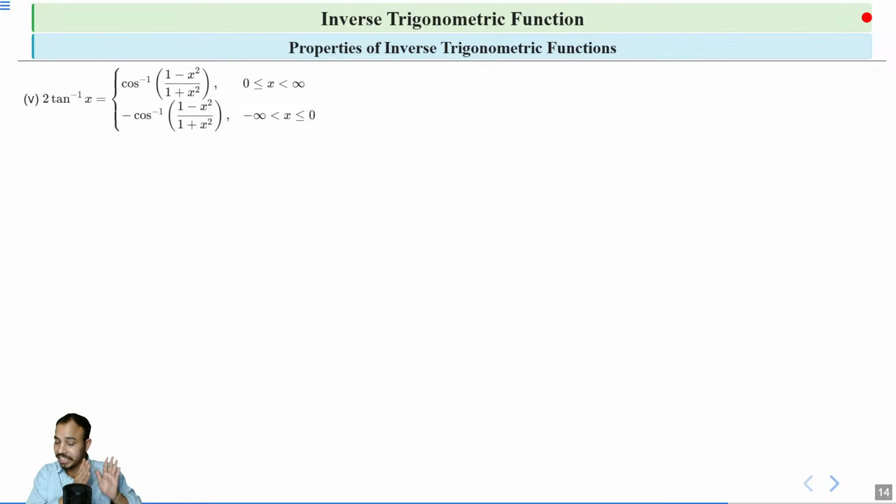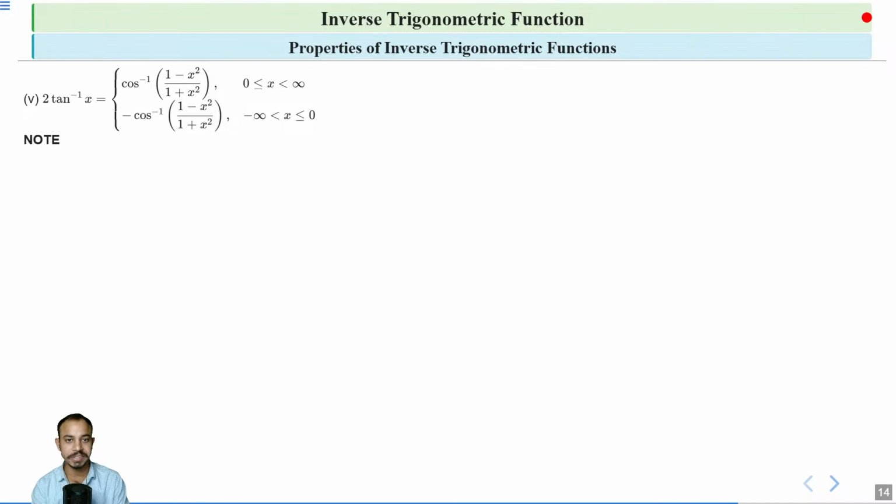Using this formula, you can easily prove these results.